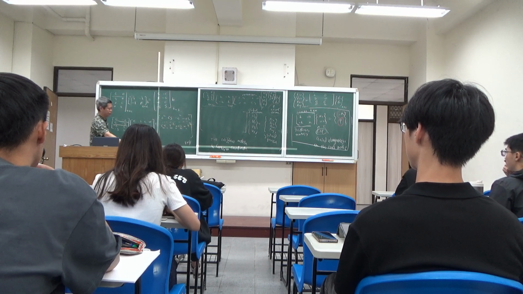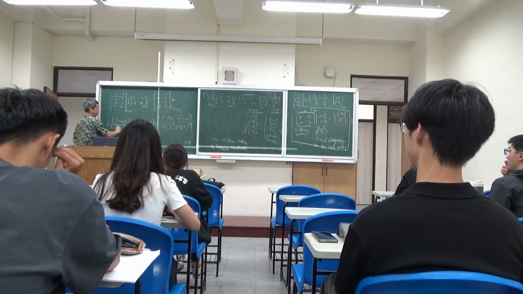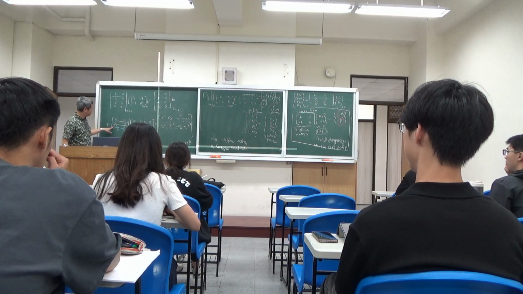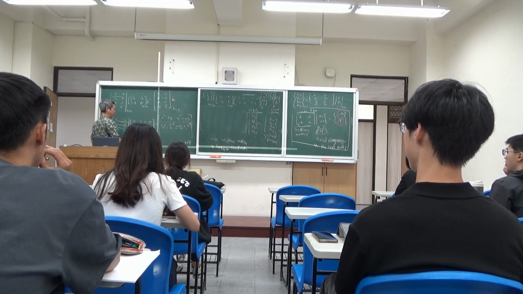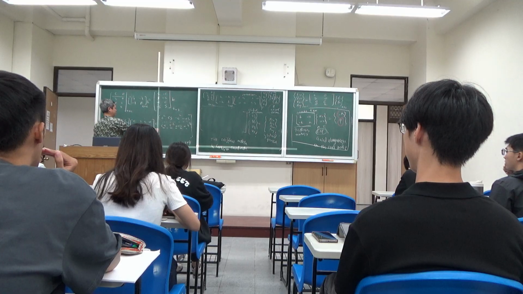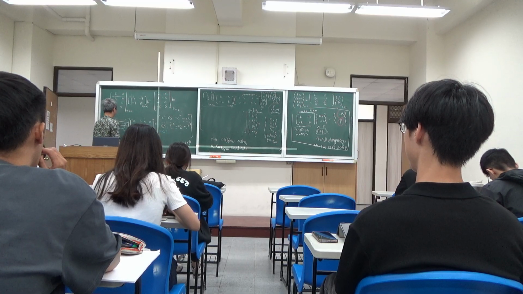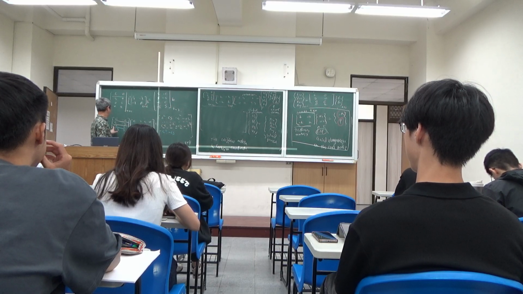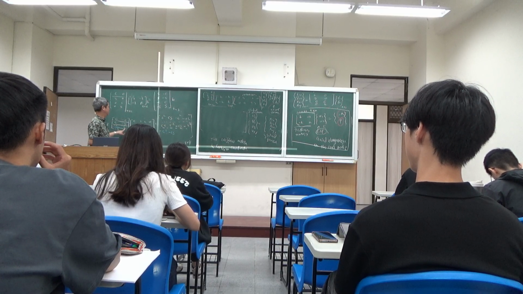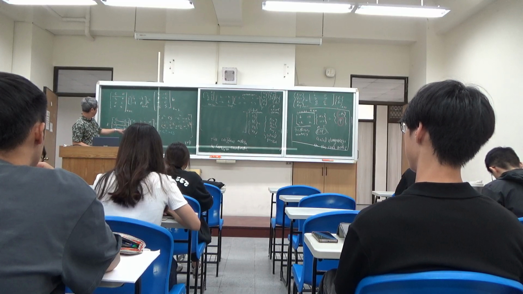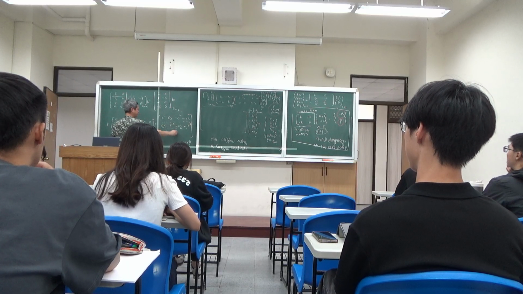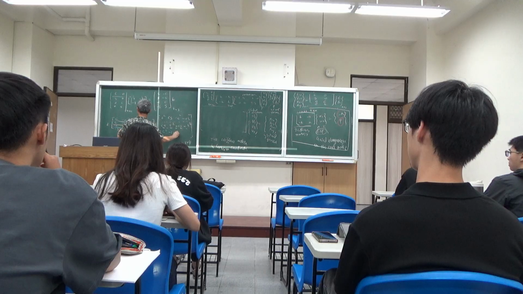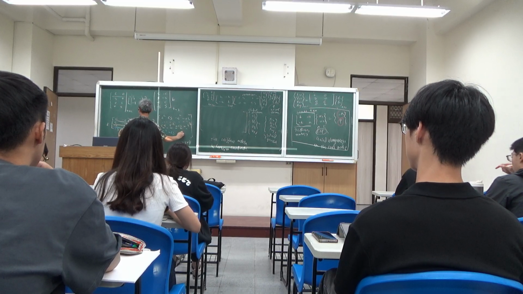Okay, and we continue doing the third row. Third row, first column, you have minus C squared. Third row, second column, you have minus CS. Third row, third column, you have positive C squared.